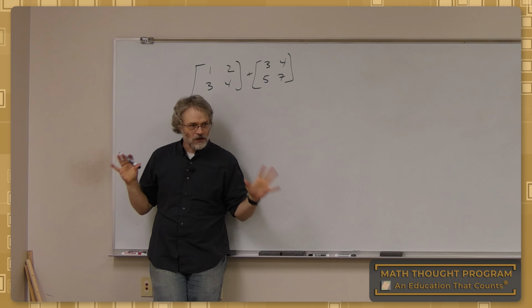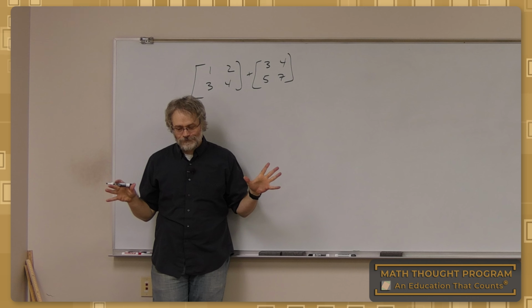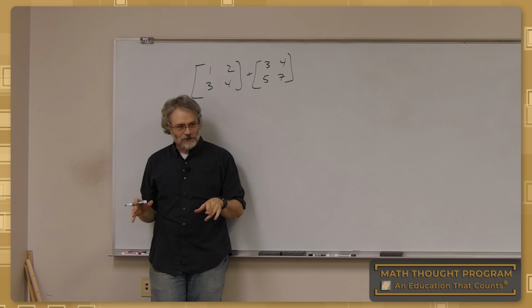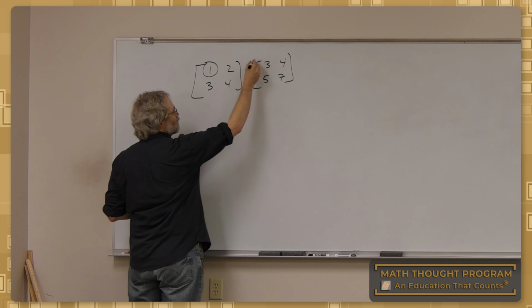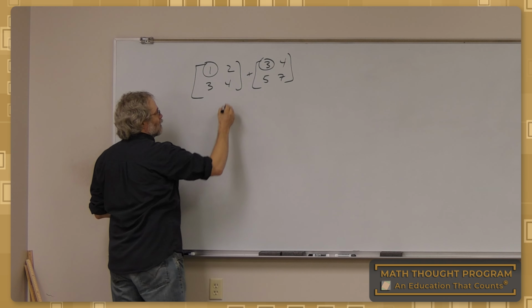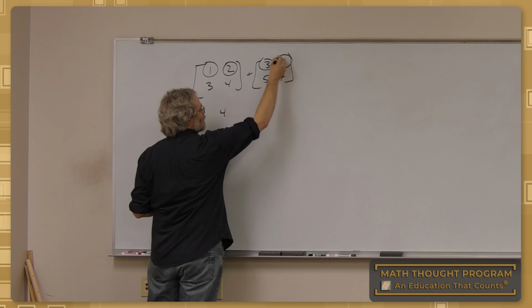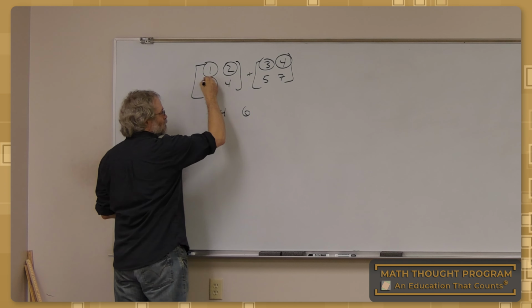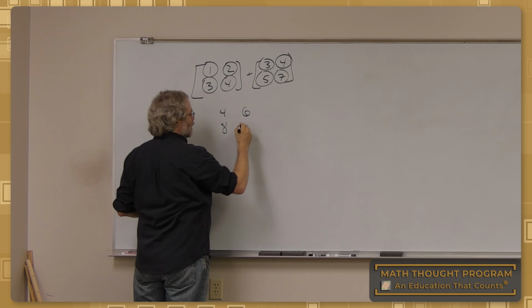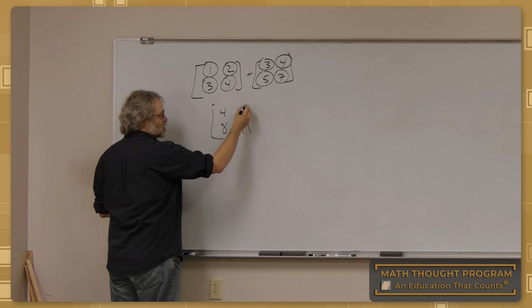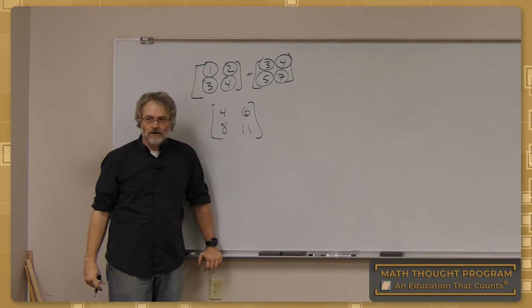Shh, don't tell people. You add up component-wise. First component with first component, second component with second component, this component with this one, and this one with that one. That's the sum of these two matrices.